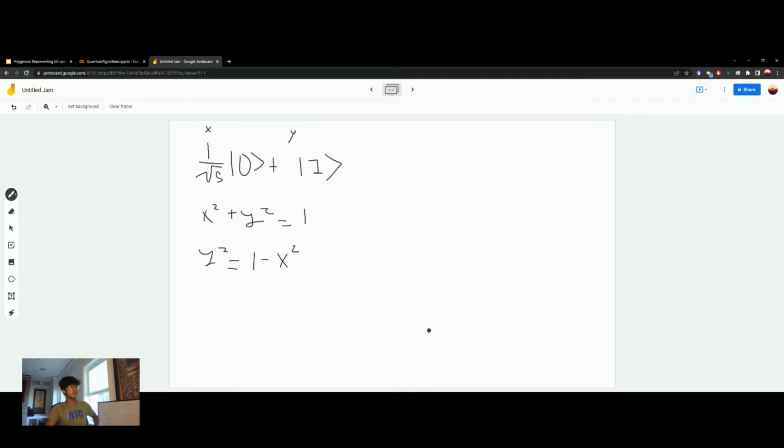So in this scenario, x is 1/√5. But what would 1/√5 squared be? Well, that is simply just, with basic algebra, you multiply a root by a root and you would get the actual value, right? So root of 5 times root of 5 would just simply be 5, right?